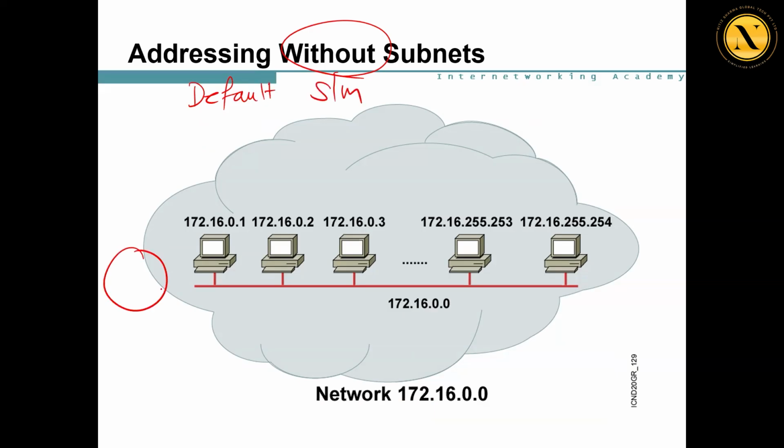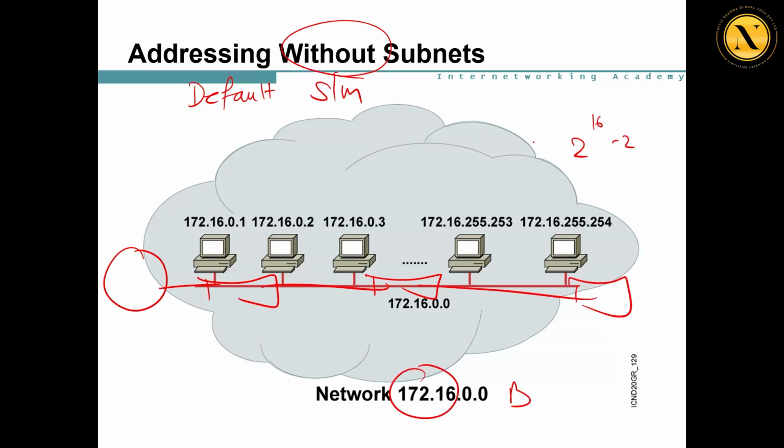So you can have one router and you can have multiple switches like this, and it's a class B. So 2 raised to power 16 minus 2 host portion, 16 zeros, 65,536 minus 2, 65,534. These many usable host IP addresses you can give.